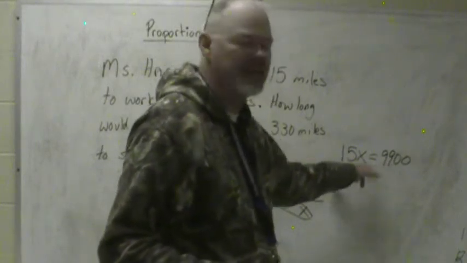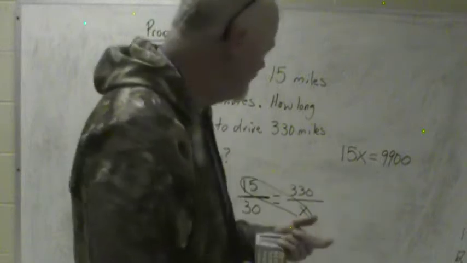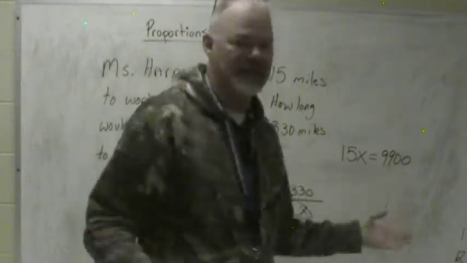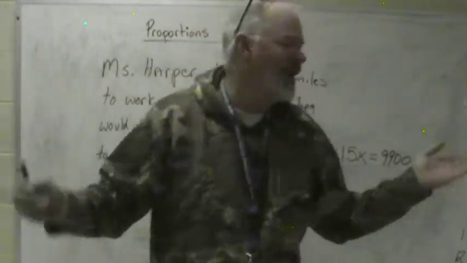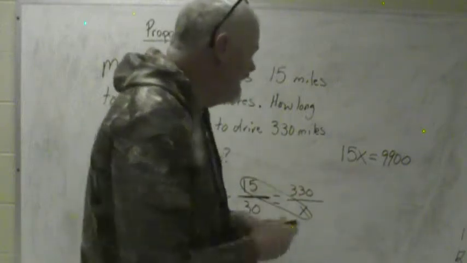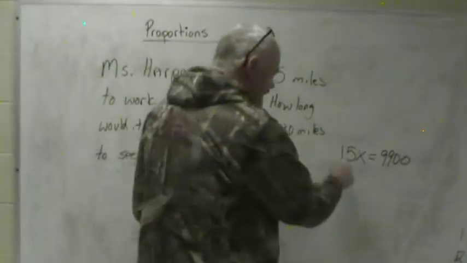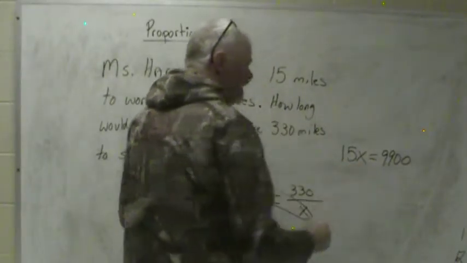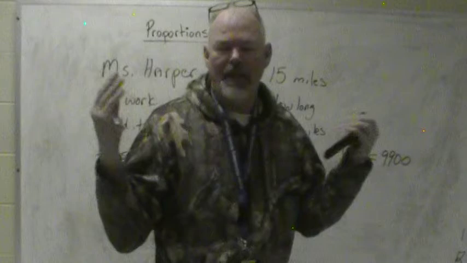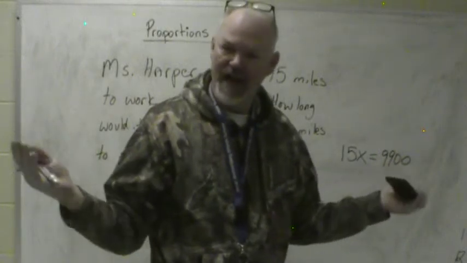Here's how we figure out what this number is. All right. This is an equation. This side is the same as this side, just like a balance beam, right? To get the answer X, we need to get it by itself. So right now it's timesing by 15. What is the opposite of timesing? Dividing, right?